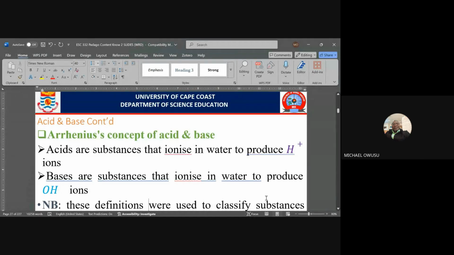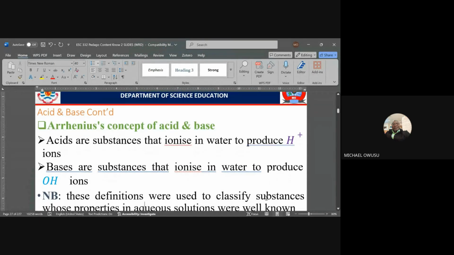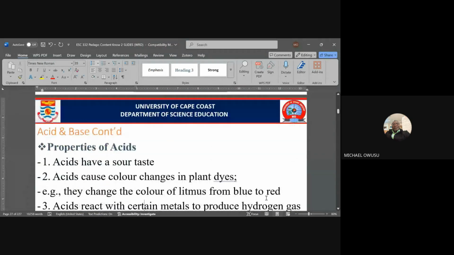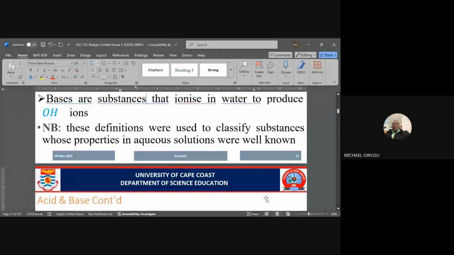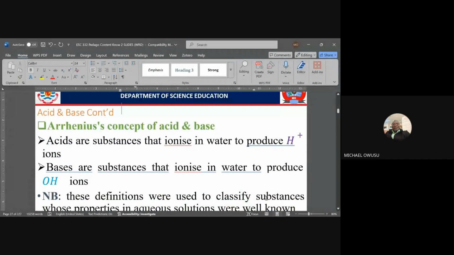I think you remember these things from college. That's exactly what we are going to do. Make sure you mute yourself when you are not on the floor.